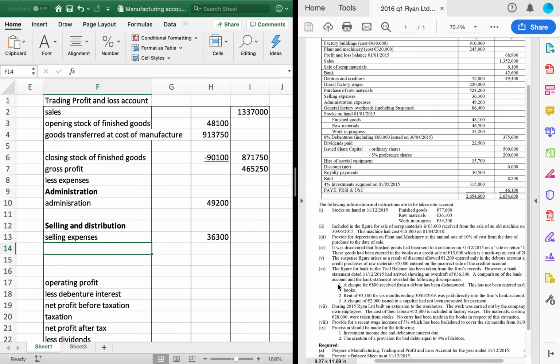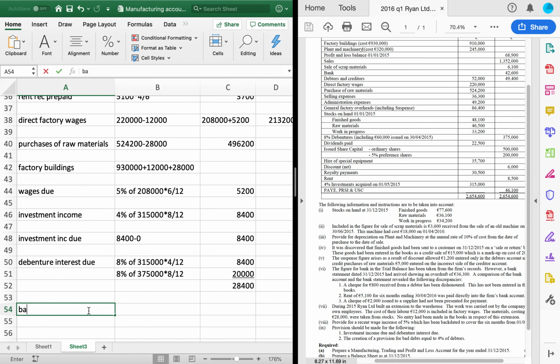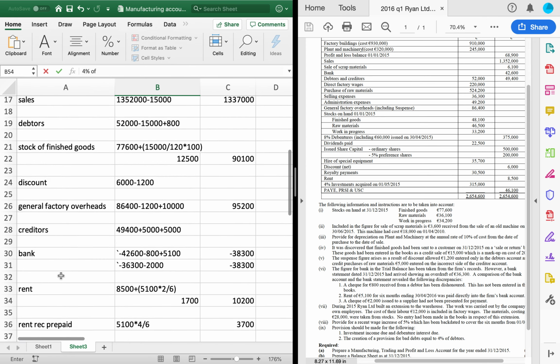Sorry. There was bad debt provision, so it says the creation of a provision of bad debts equaling 4% of debtors. So I hadn't done that, so apologies there. So just do that. So bad debt provision. So it's 4% of debtors. Debtors was changed, I think.